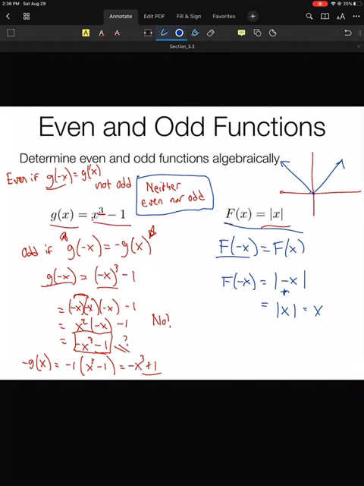I could write that as just x, but that might be a little bit confusing, because f of x really is the absolute value of x. So the question is, is x equal to the absolute value of x? And the answer is yes, it is.